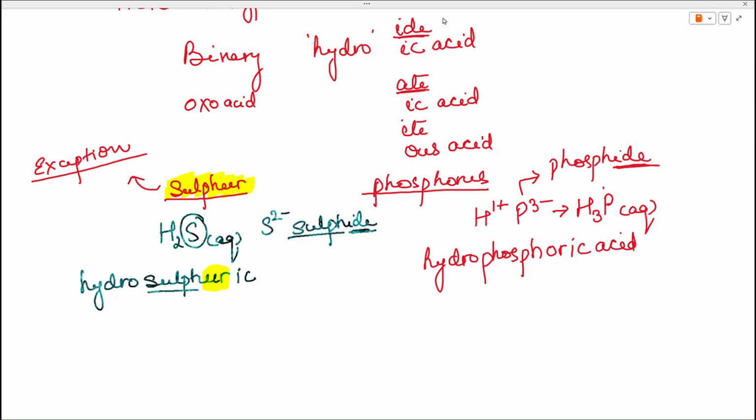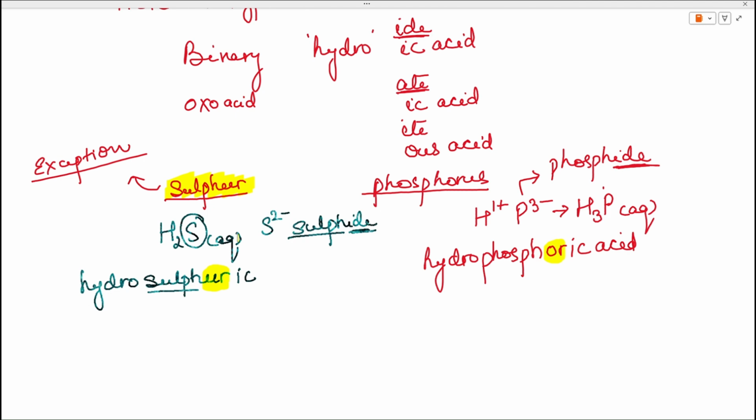So did you observe over here that this OR are two additional letters which fit into the name while we are naming the acids which are formed from the negatively charged ions of phosphorus. So this is going to be called hydrophosphoric acid. So we replace the ide with ic. Phos is written as such, but we add an additional OR.